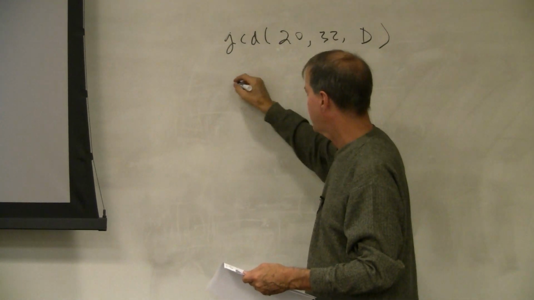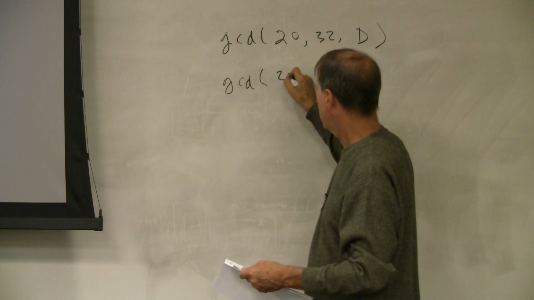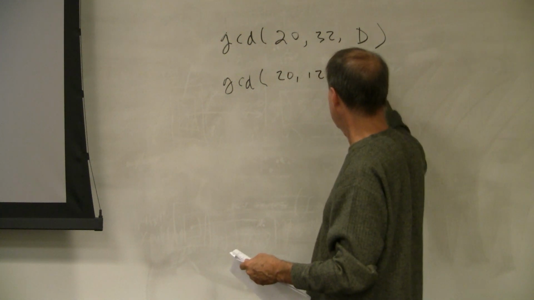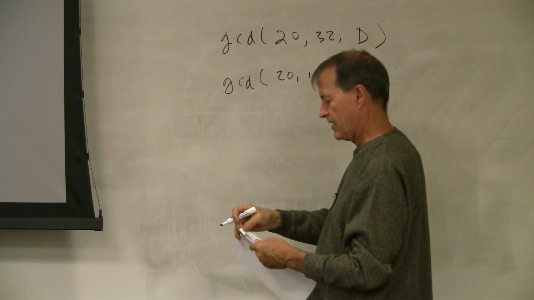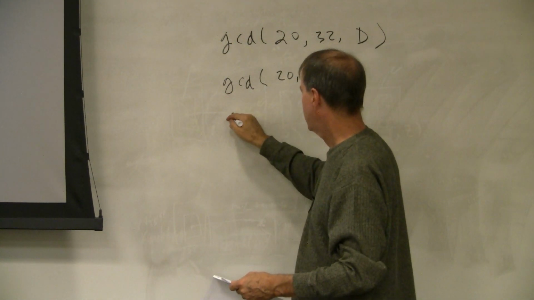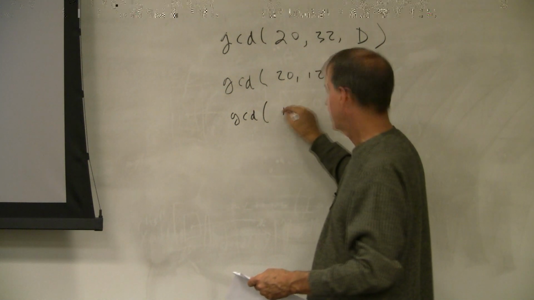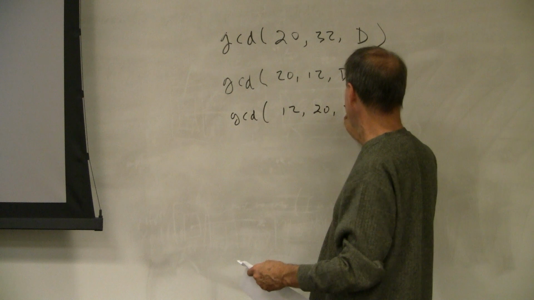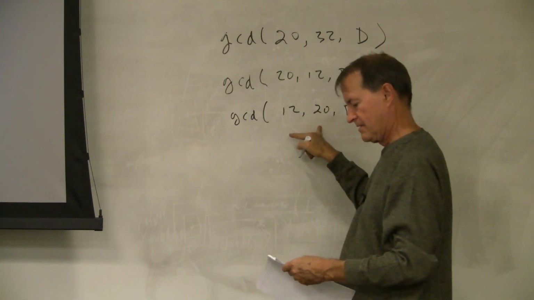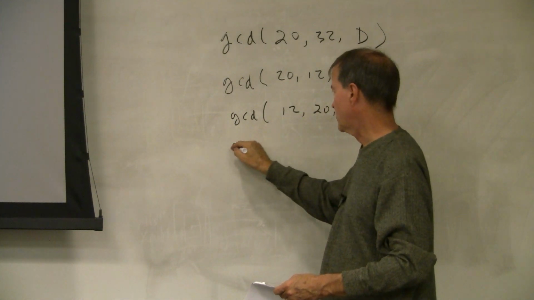So therefore they'll call GCD 20 12 D. And then is this less than this? No. So it'll call GCD 12 20 D. Is this less than this? Yeah. So what will we do?